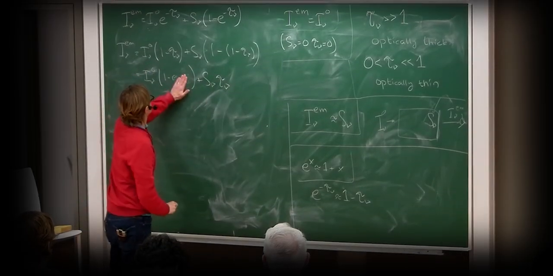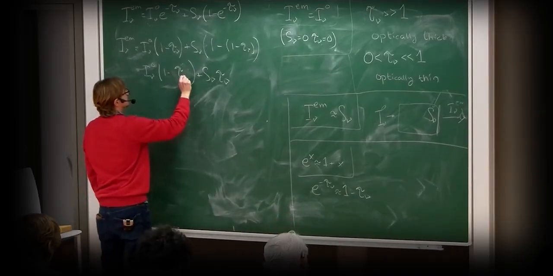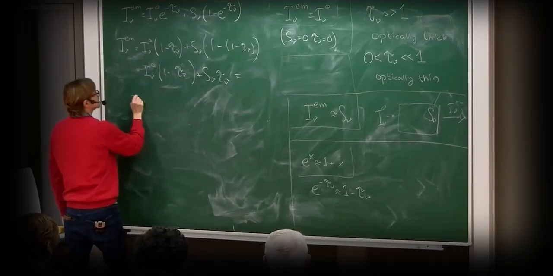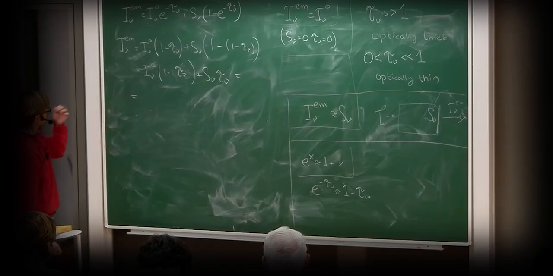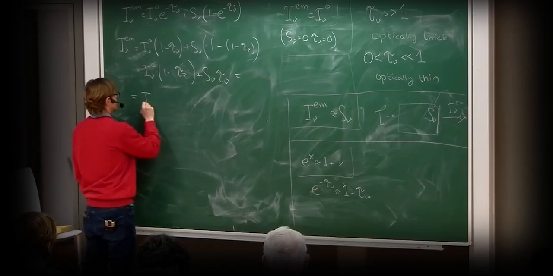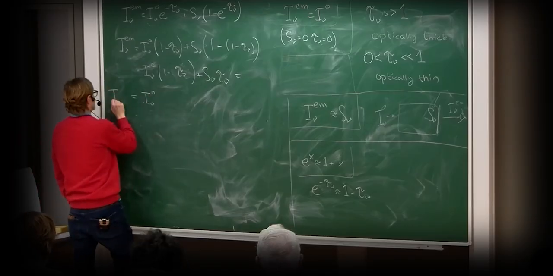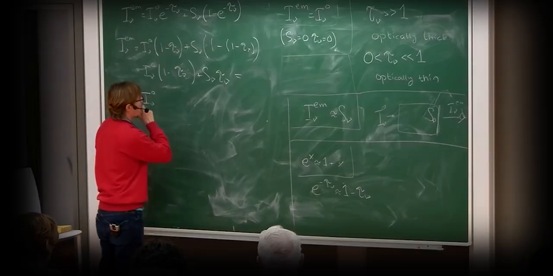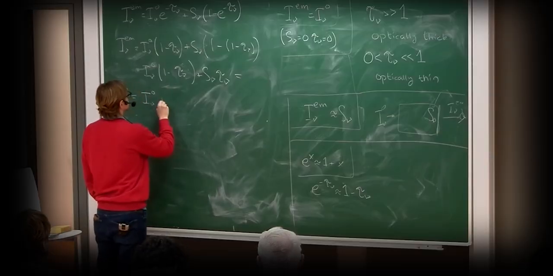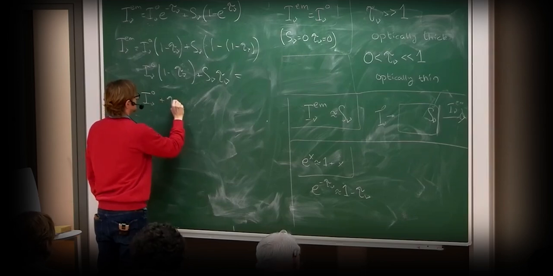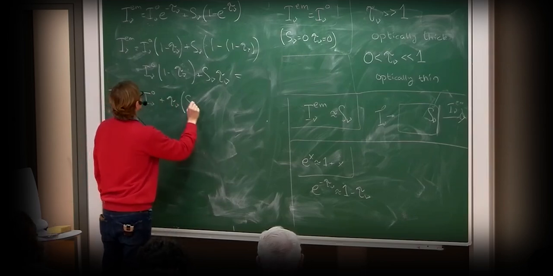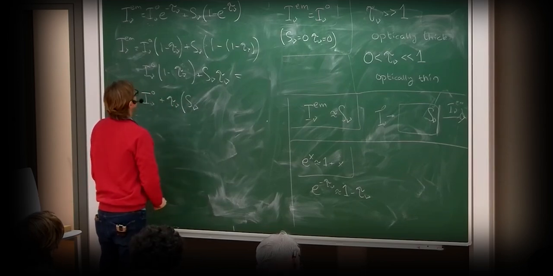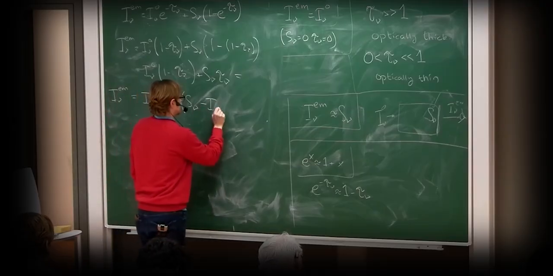No, why did I say that? This is not like this. Okay, we can just write this in this convenient form: I_ν emergent is I_ν0 plus τ_ν times (S_ν minus I_ν0).